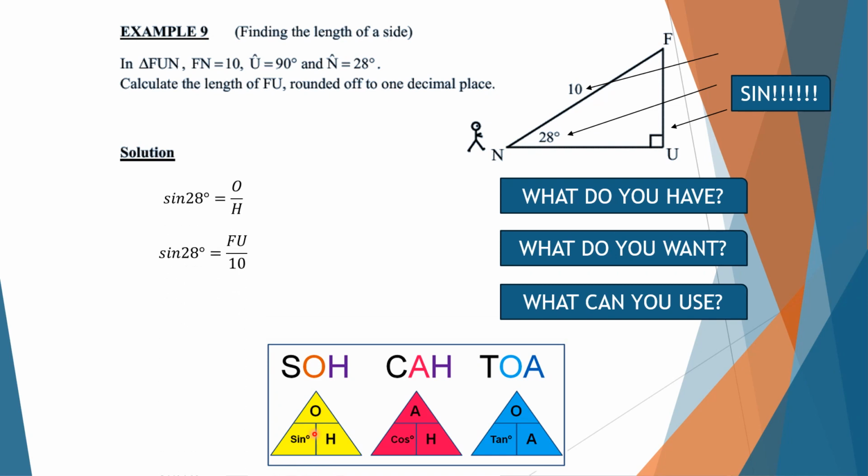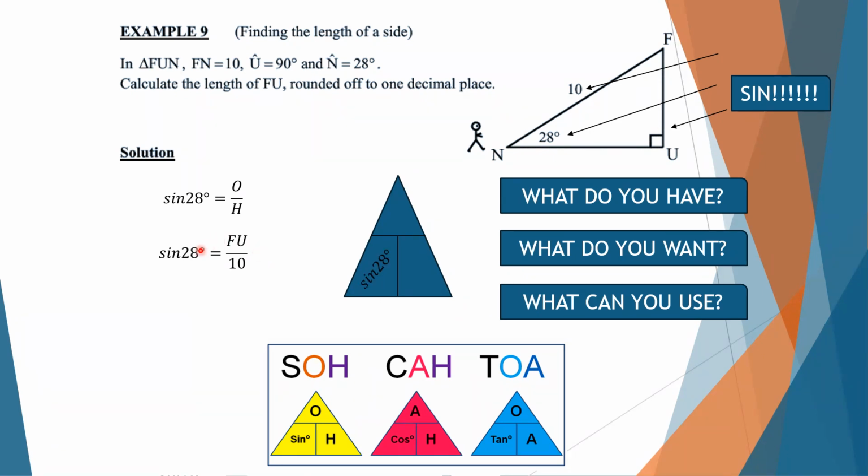And so we set up our equation by saying that sine of 28 is opposite over hypotenuse. Sine of 28 is FU over 10. So there we have a nice equation where FU is the unknown and we just have to manipulate that to find our answer. Now I want you guys to be able to do this in the simplest possible way, and we're going to do that by using another triangle.